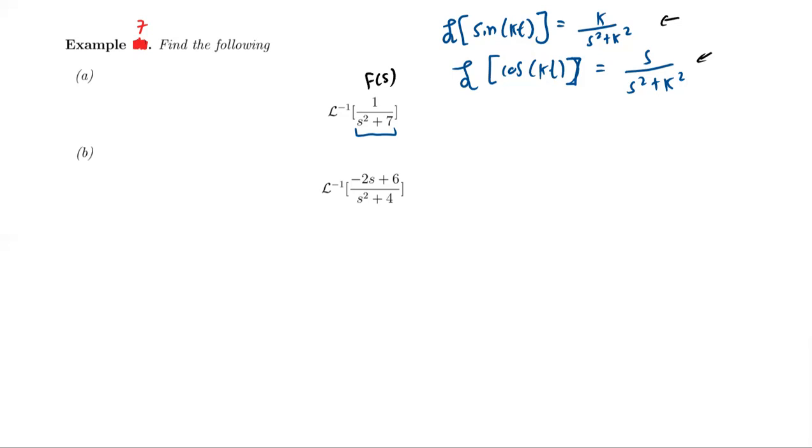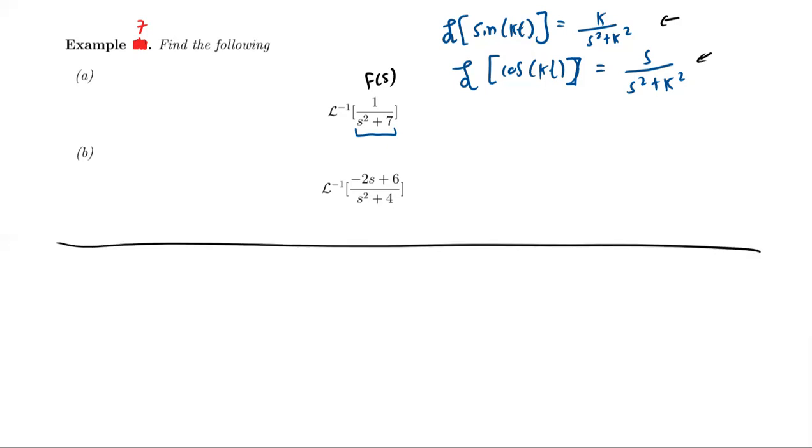We can't move it outside of the Laplace inverse, but any other number, as long as it's not s, we can. So this is what we're going to do. I think it's going to be sine because I don't see how we can move in an s in front without messing up what's going on. Again, we cannot move s's outside, but we can move k's outside.